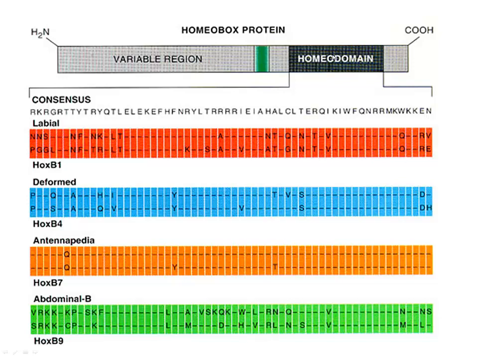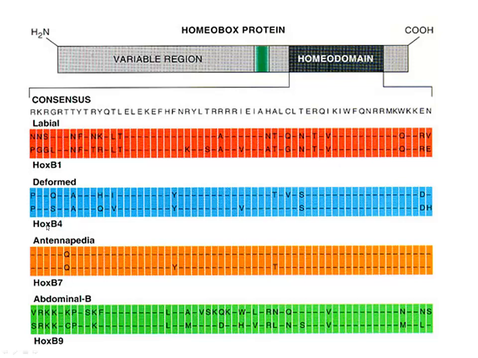When we look at this in various species and various positions, we can see a couple of Drosophila genes. Labial is one, Deformed is one, Antennapedia is one, and we compare them to all other homeotic genes in this region. You can see there is a tremendous amount of conservation.